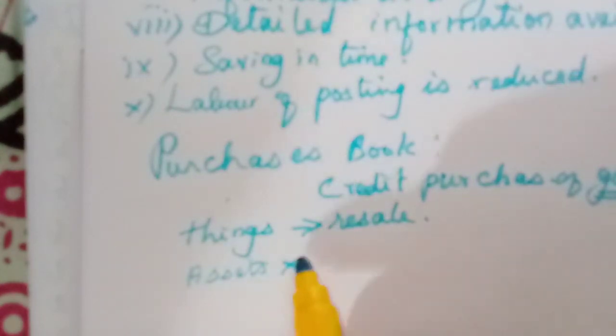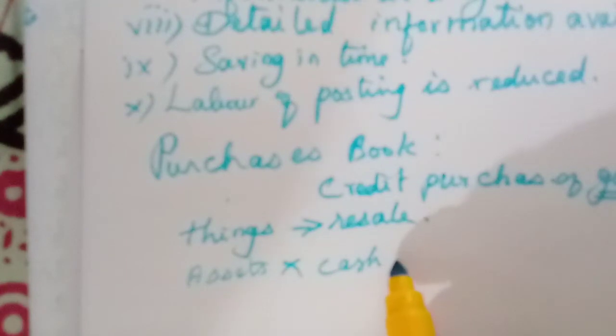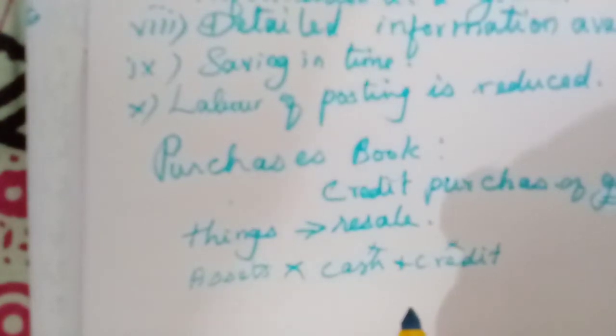Whether it is cash purchase of asset or credit purchase of asset, we will not enter. So we should consider the credit purchase of goods, meaning the goods meant for resale purpose. No other purchases we can make.